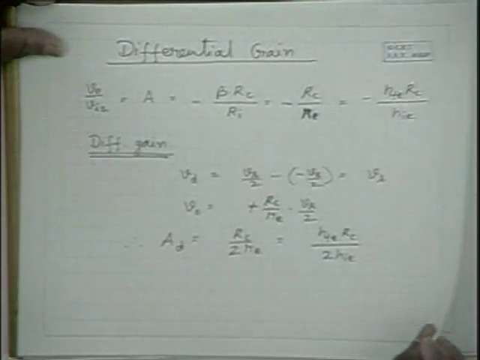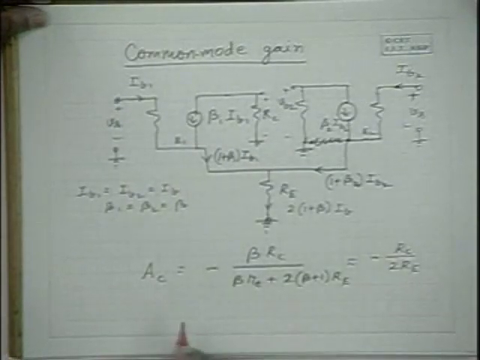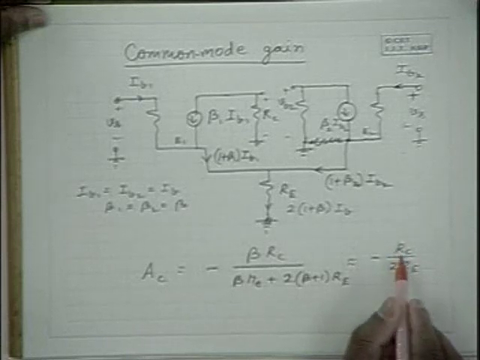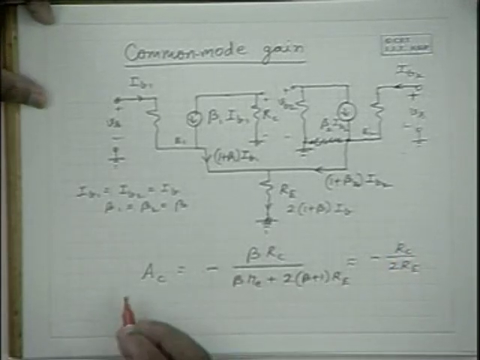Now let us obtain an expression for the common mode rejection ratio. We got the differential gain as RC by 2 small re, and we got the common mode gain as minus RC by 2 RE.